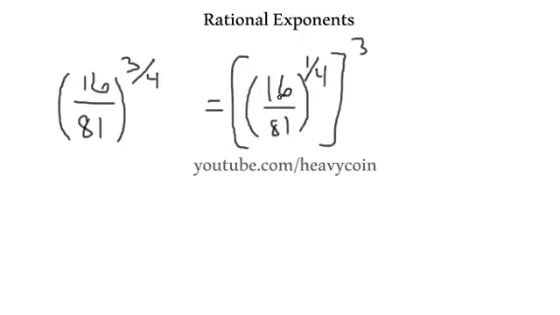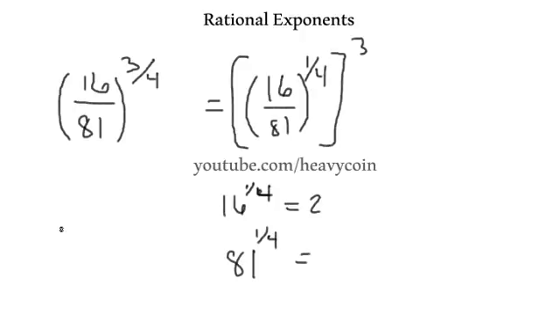So we're looking for a number that we multiply together 4 times, we get 16. Let's see, 2 times 2 times 2 times 2, so 16 to the 1/4, whoops, it's a 4 there, is 2, right, because 2 to the 4th is 16. And what about 81 to the 1/4?